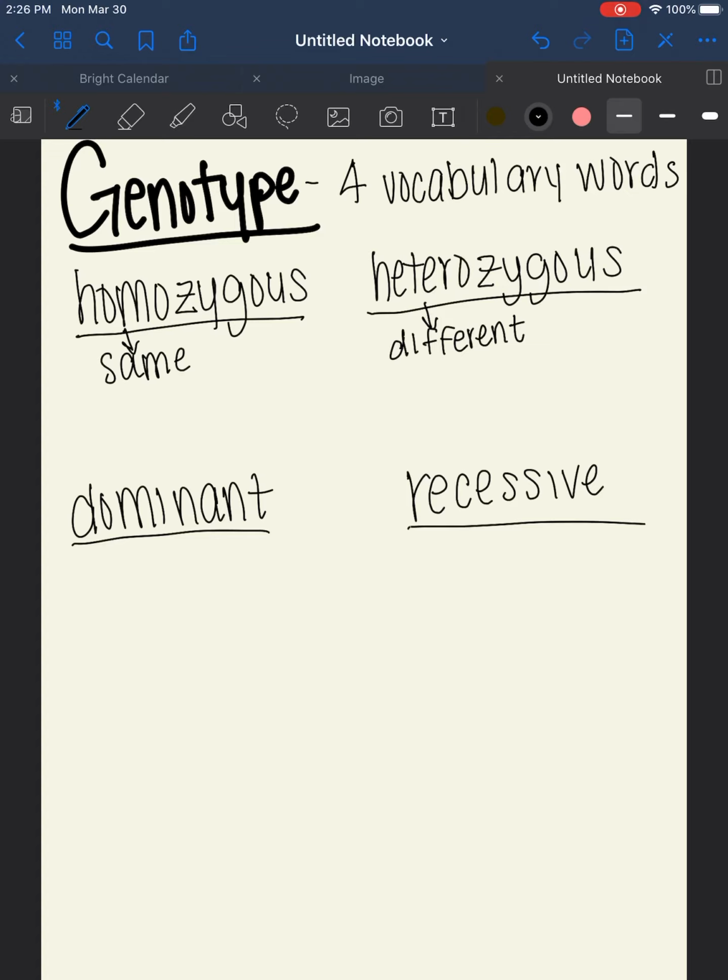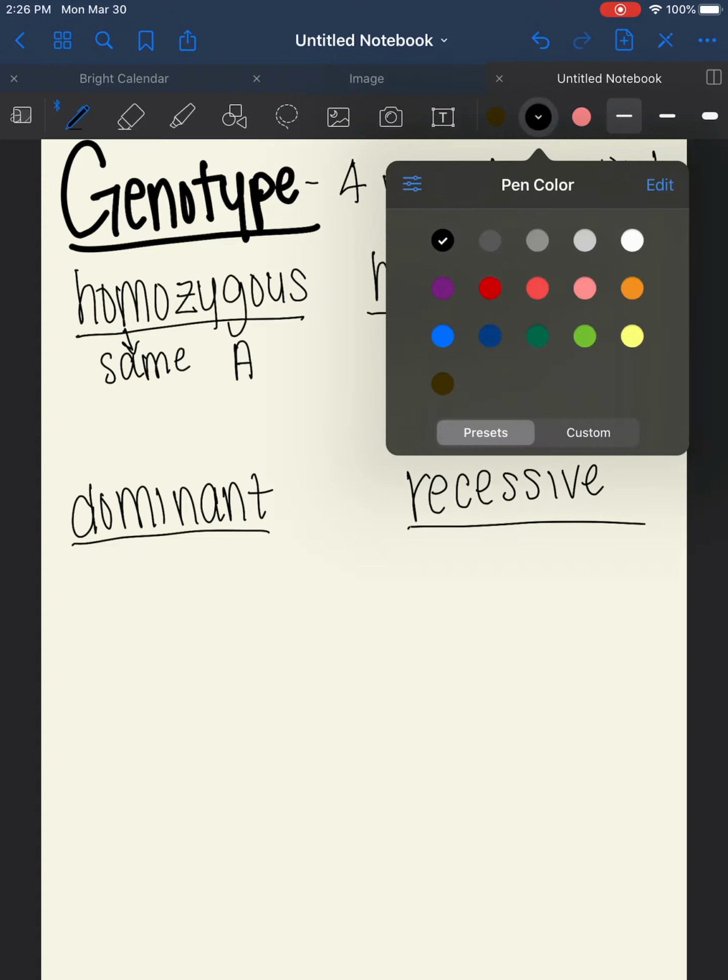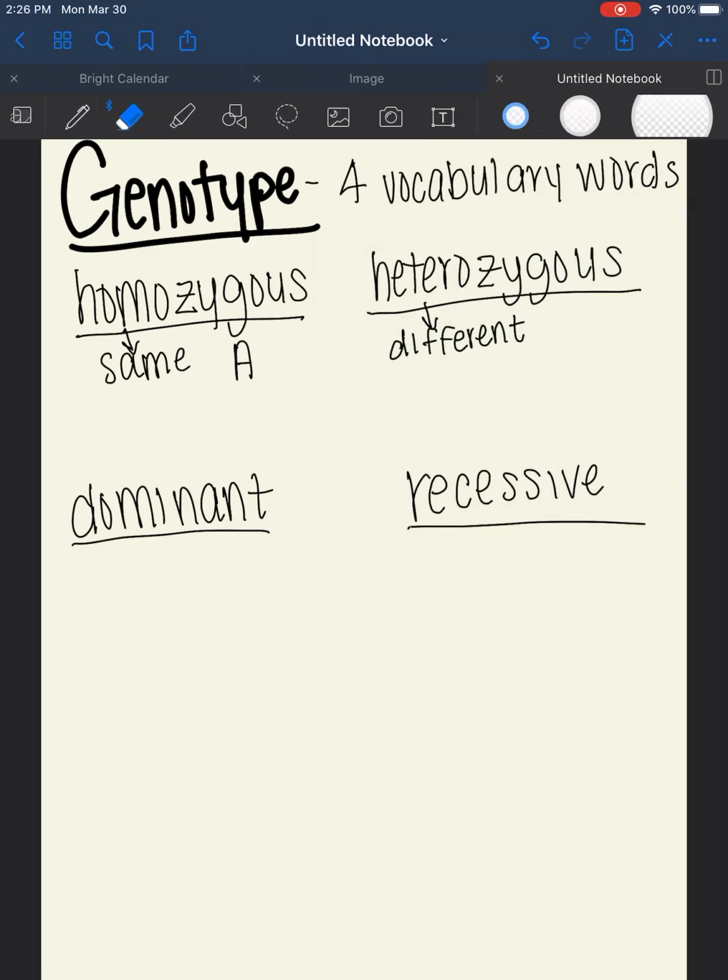Let me use a different color so it's easier for you to see. You might have a big A and a big A, or a little a and a little a. The same size.